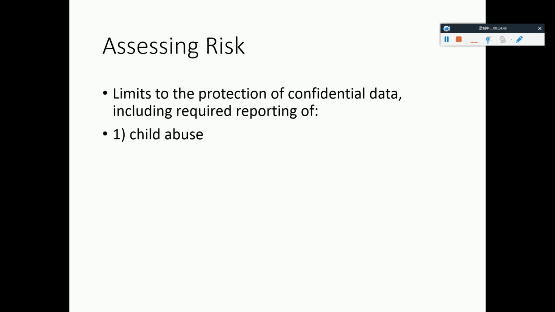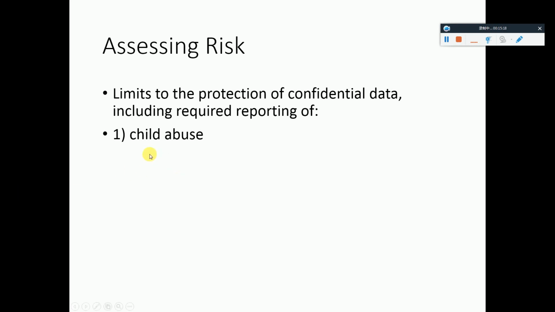However, there are some confidential data that researchers are legally compelled to report. That is, there are several classes of information that, though personally identifiable, though sensitive, though personal, are not protected by research ethics.